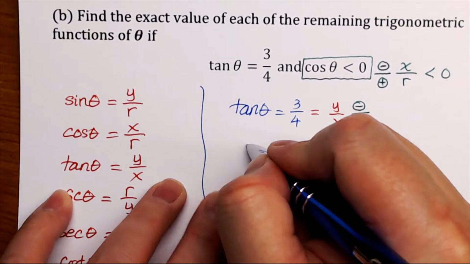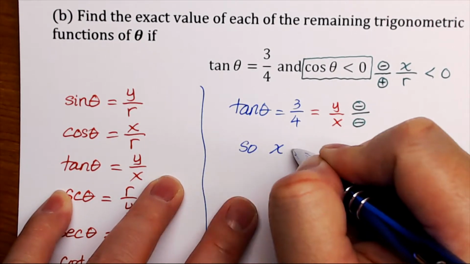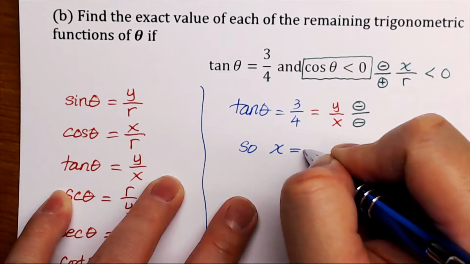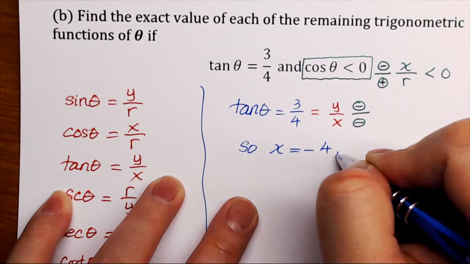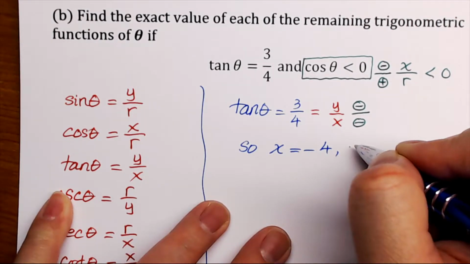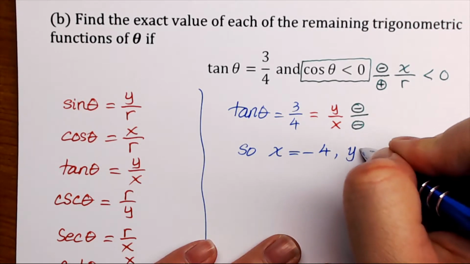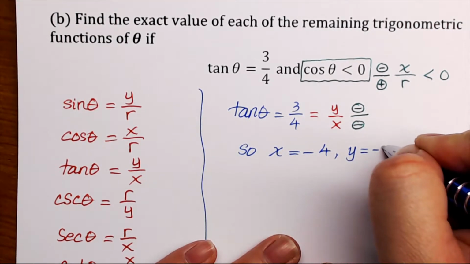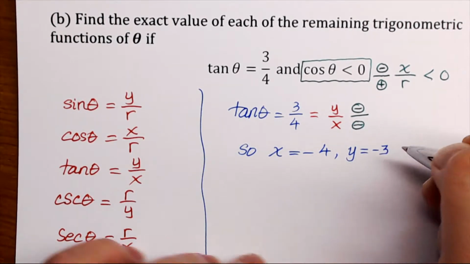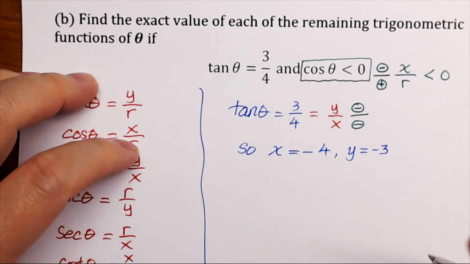Cosecant is r over y, r is 5 and y is -1, so this is -5. Secant is r over x, r is 5, x is that, and I will just keep it like that.